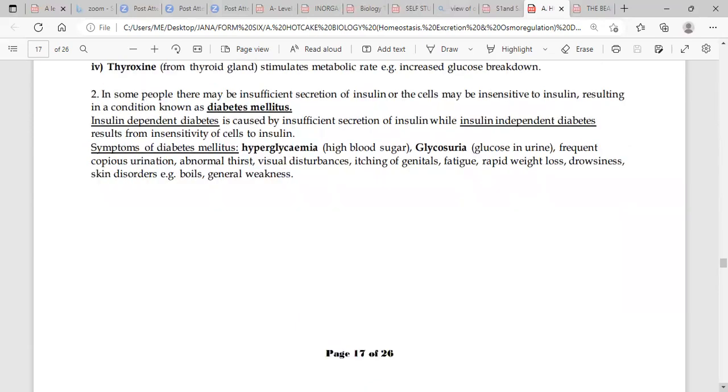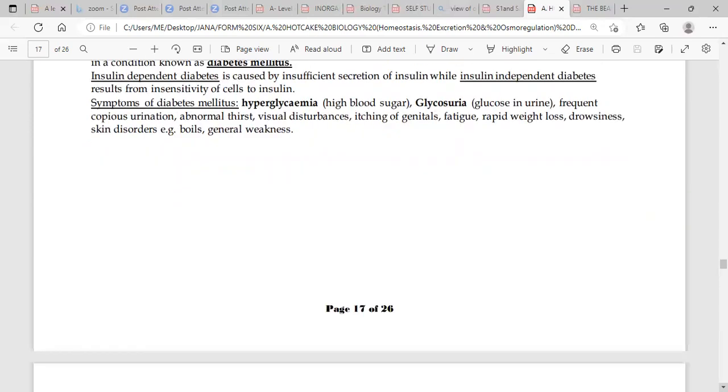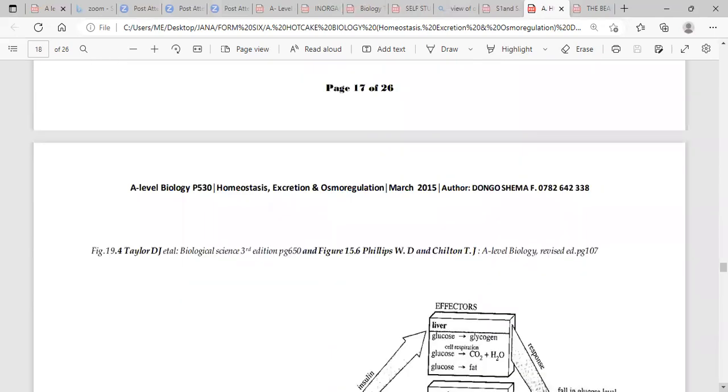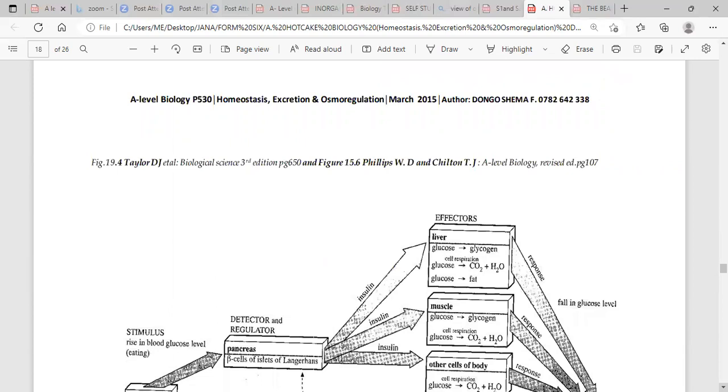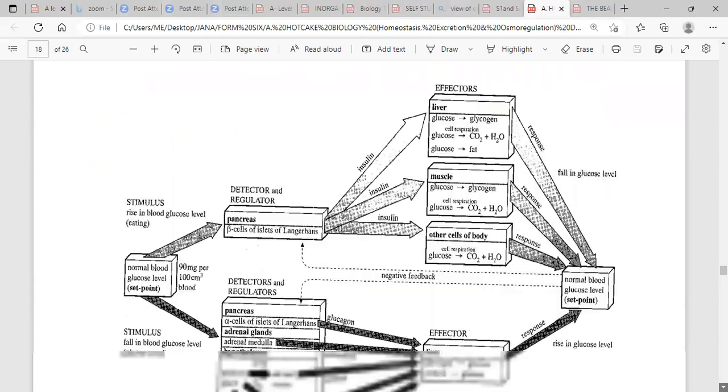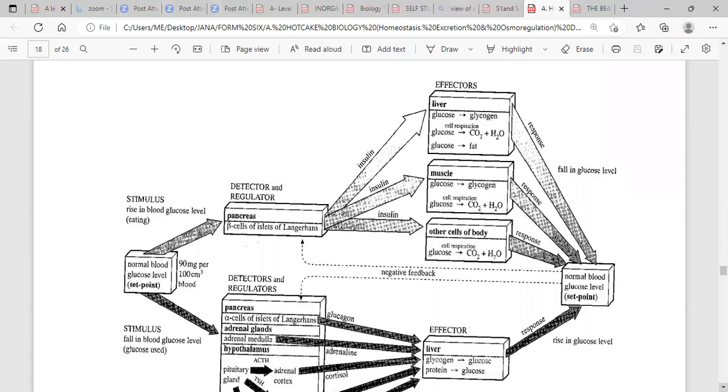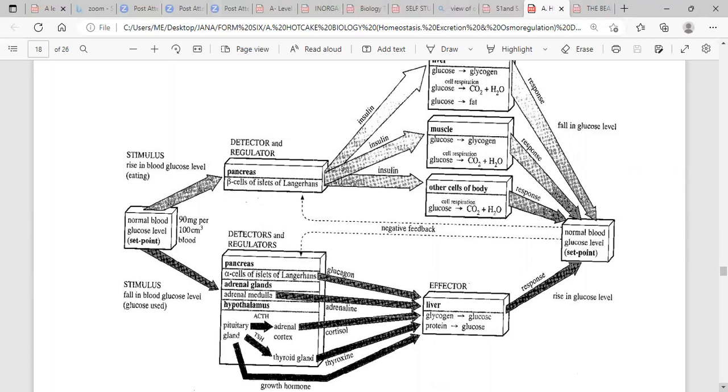So once you have one, you go and you get the doses of insulin, or you see if the body cells are the ones that are insensitive to insulin. That is when you have high amounts of glucose in the body. You can look at this diagram. It summarizes the control and regulation of glucose from the norm. If it goes up, you expect the detector and regulator, that is the pancreas, stimulus rise.